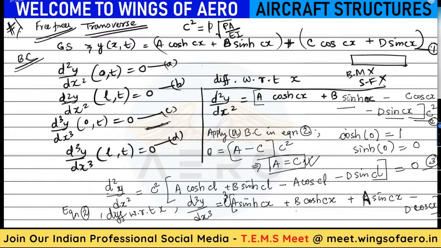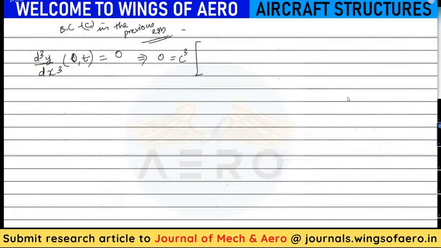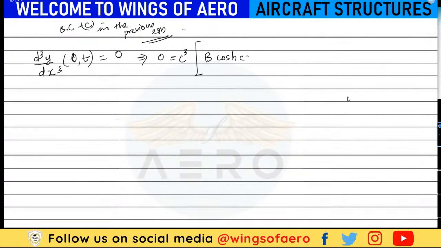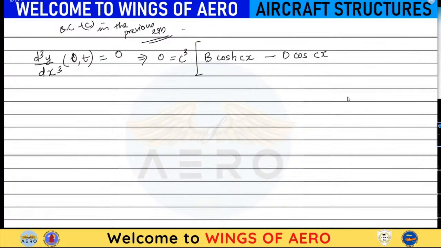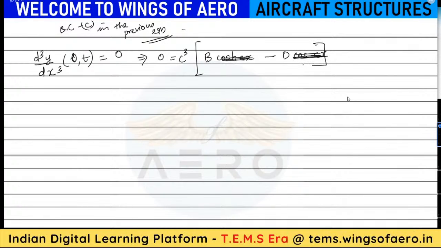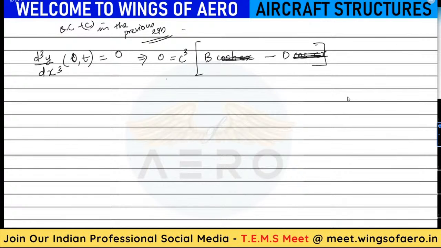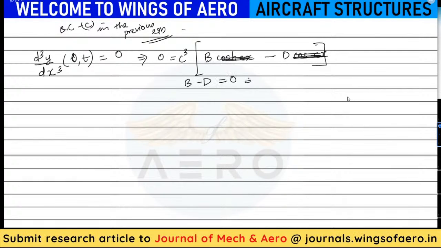So again I will get b cosec cx and minus d cos cx. Sorry, it will become 1. Those things will become 1. So again c cube will become 0. I will get b minus d equal to 0.